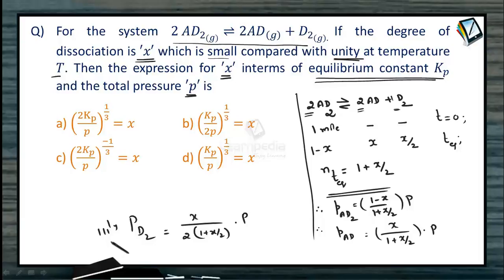For equilibrium constant expression Kp, AD whole to the power of 2 into D2 by AD2 whole to the power of 2. Therefore, Kp is equal to the partial pressure of AD to the power of 2 into partial pressure of D2 by partial pressure of AD2 to the power of 2.